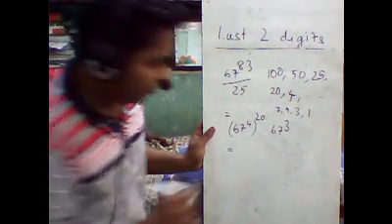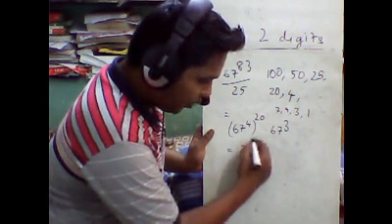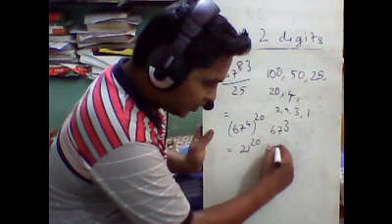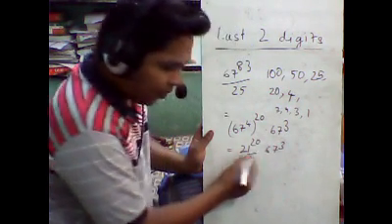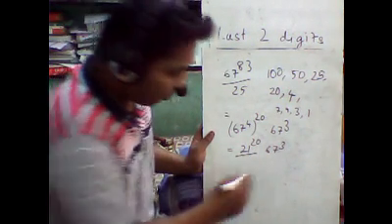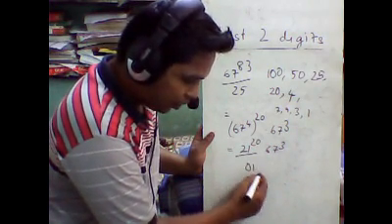The last two digits of it is 21. So 21 to the power of 20 into 67 cube. The last two digits of 21 to the power of 20 is 01.